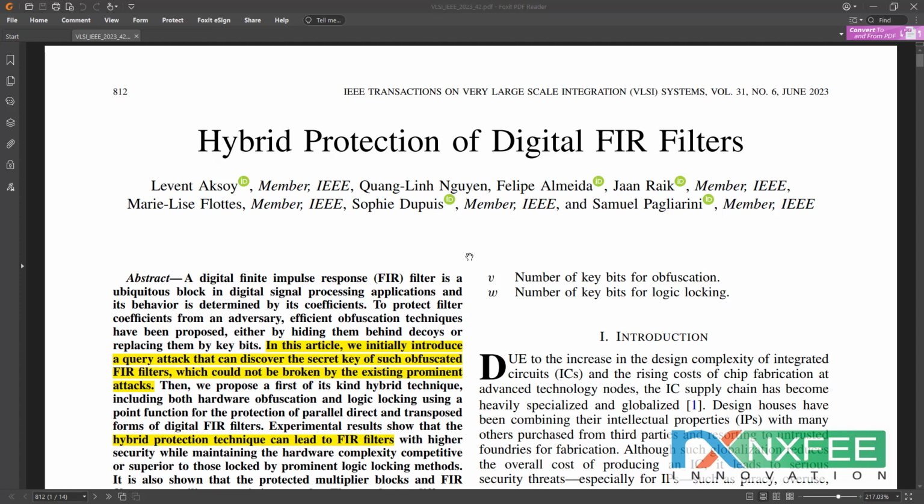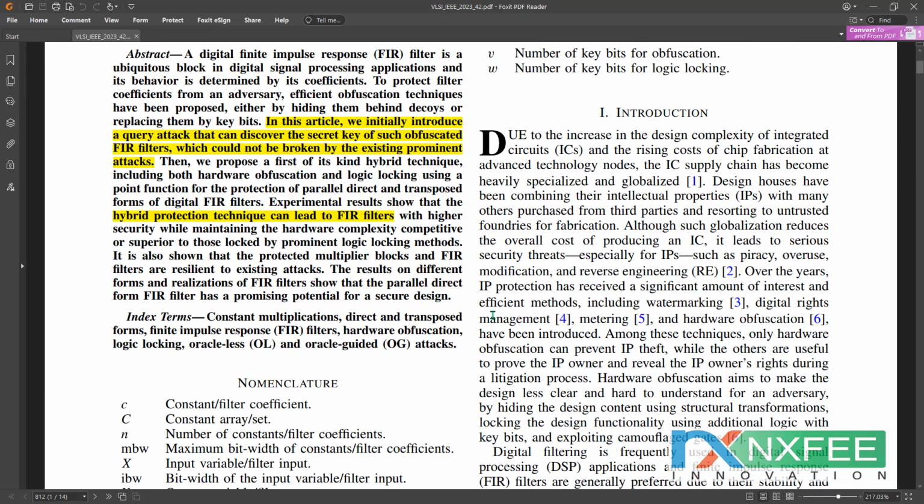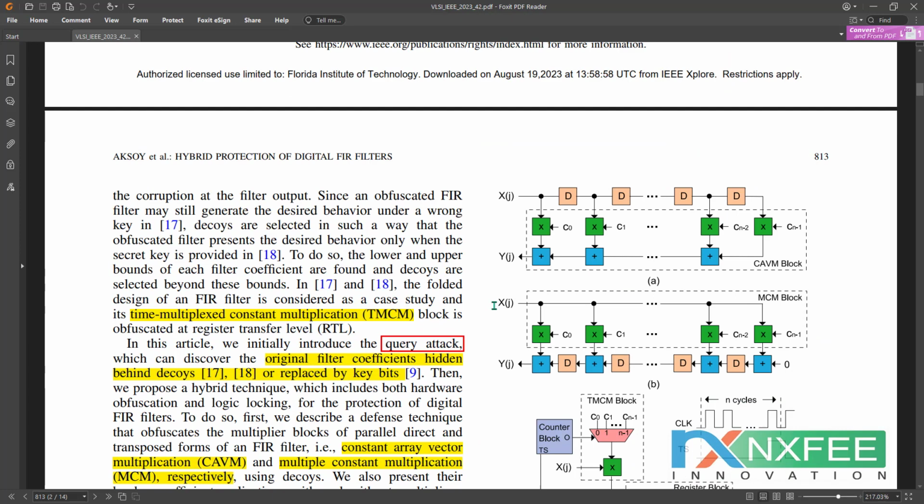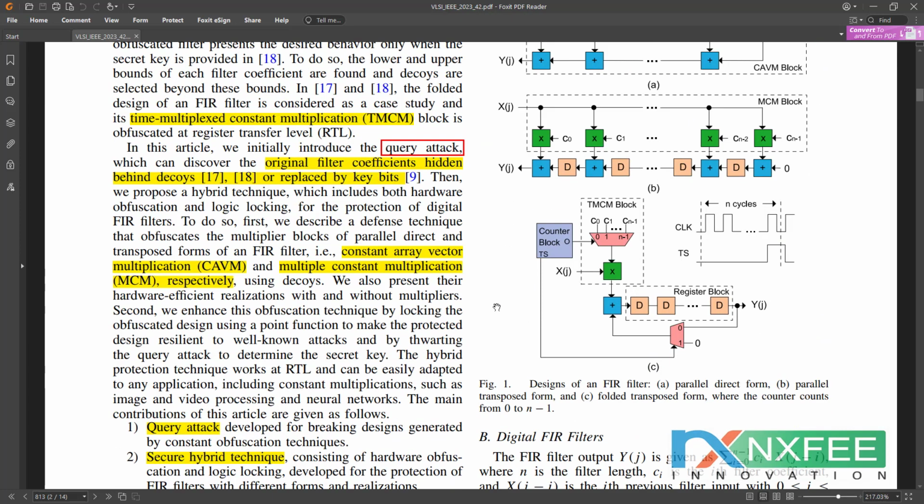Depending upon the coefficients we can decide it, so based upon these coefficients we need to mask them from the attackers, and to protect the filter coefficients from the adversary, an efficient obfuscation technique is used in the proposed architectures. Here we have used three different architectures.